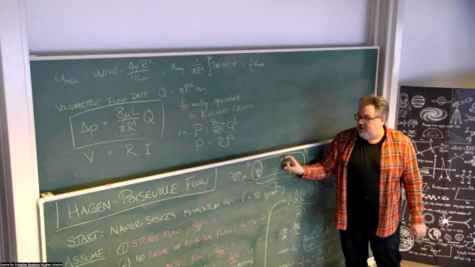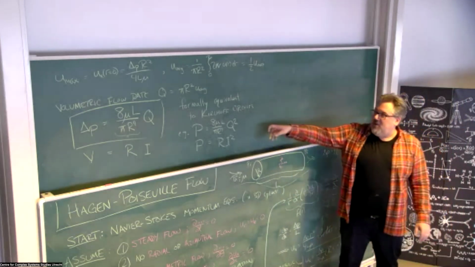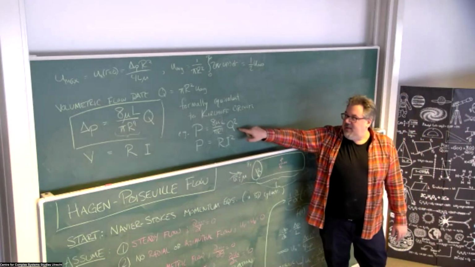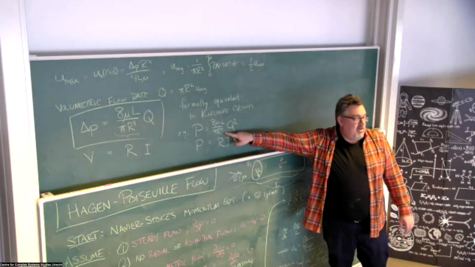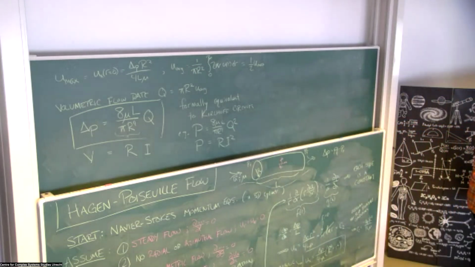It might want to make R bigger to reduce the power consumption. The power consumption goes like the flow squared, but also goes like 1 over R to the fourth. So if you have a lot of flow, you're burning a lot of power. But if you make the conductance more conducive to allowing the flow, then the power consumption is going to go down. And so let's talk about what we can do with that.